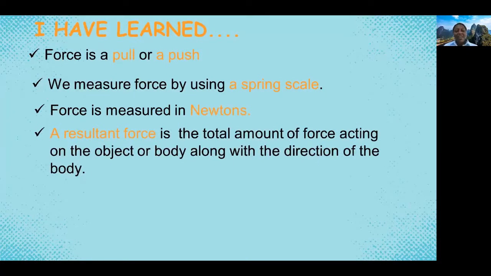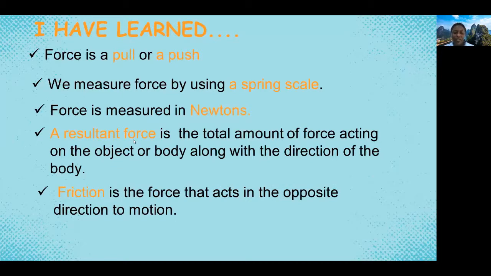A resultant force is the total amount of force acting on the object or body along with the direction of the body. Friction is the force that acts in the opposite direction to motion.